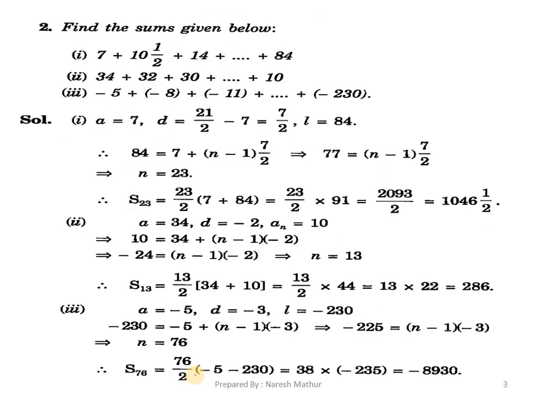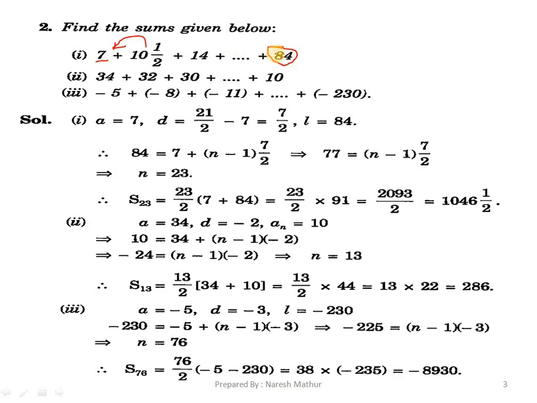Next one. Now we are given the sum. We need to find the sum of the given AP. Now see what we are given. We have the value of a, we can get the value of d, and we have an also.